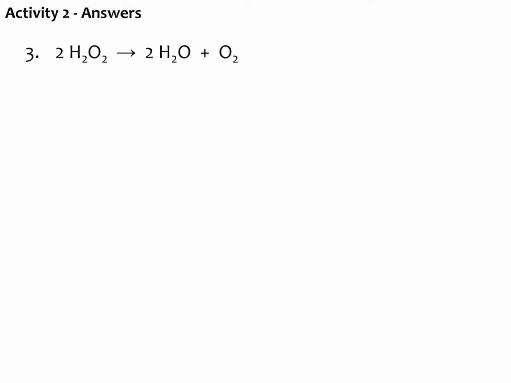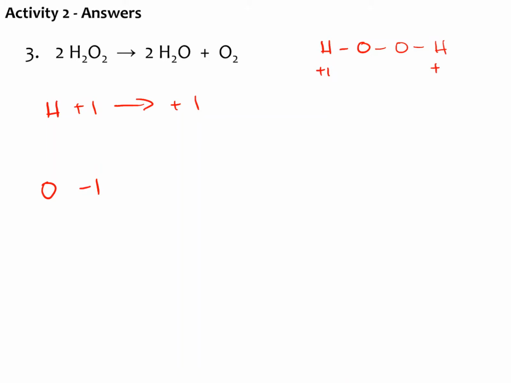Question 3, we have the decomposition of hydrogen peroxide. So we just have H's and O's. The hydrogen is +1 on the left because it's not in a metal hydride, and is also a +1 on the right because it's still not a metal hydride. The oxygen starts as -1, and that's because we have hydrogen peroxide.